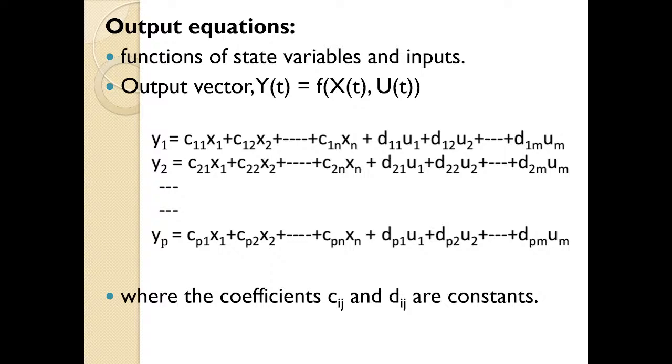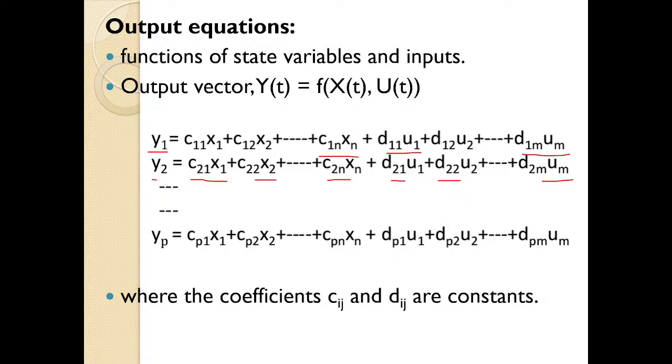So output variables are what? y1 is equal to c11 x1 plus c12 x2 plus up to c1n xn, plus d11 u1 plus d12 u2 up to d1m um. Similarly, y2 is equal to c21 x1 plus c22 x2 up to c2n xn plus d21 u1 plus d22 u2 up to d2m um.